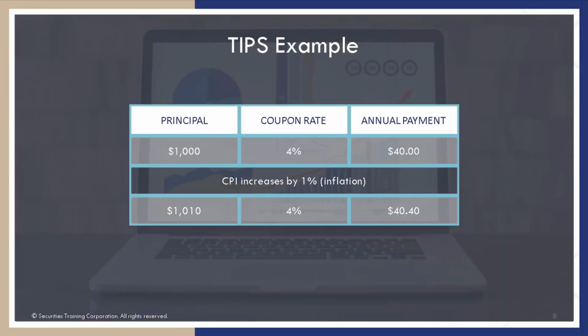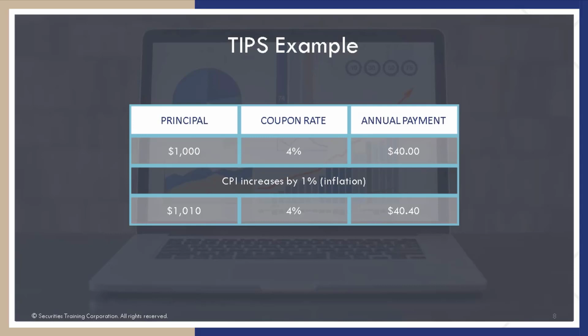So let's take a look. Your original principal might have been $1,000. The coupon rate is 4%. So you would get 4% of $1,000 or $40 a year in interest payments. And then if the bond matured, you'd get $1,000, your principal back. But with TIPS, we said the principal gets adjusted based on the inflation rate.